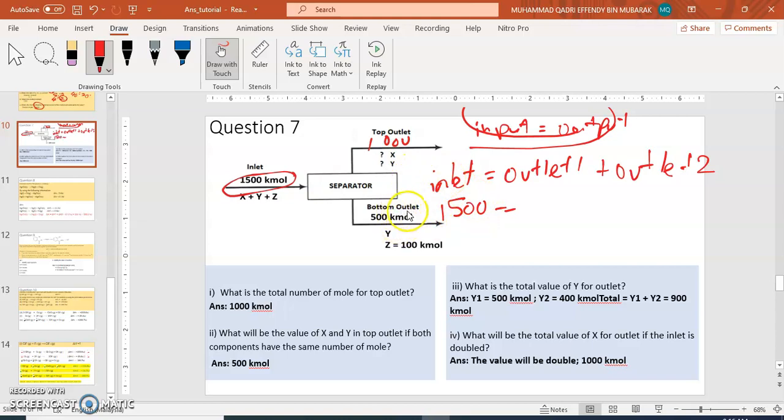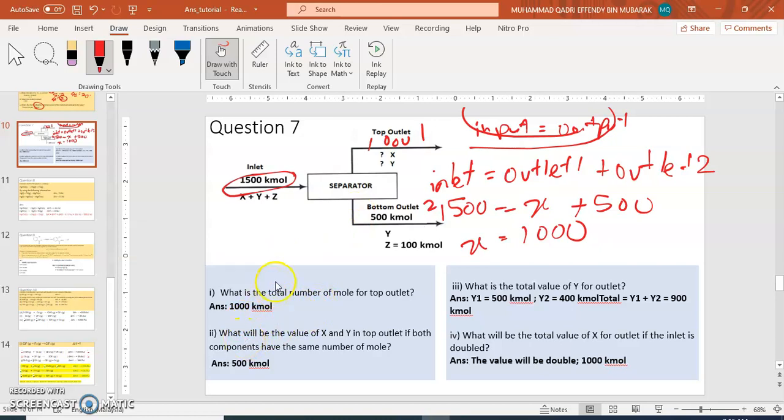Let's say this one is outlet 2, this one is outlet 1. You can call it X, and then outlet 2 is 500. That's why if we change it to the left-hand side, X will be 1,500 minus 500. So that's why we got 1,000. So we can determine that the top outlet value is 1,000 kilomole.